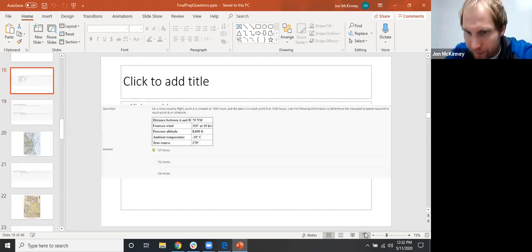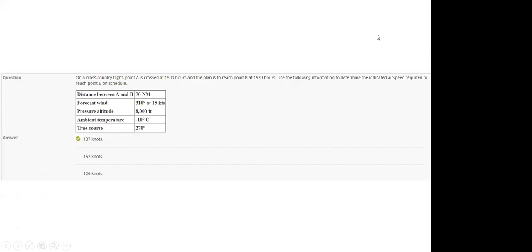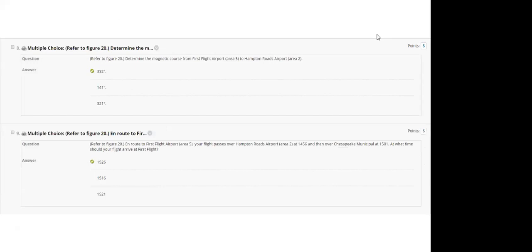So let me hit this button here. There's a few of them. Let's see. Sectional viewer. Here's one where you're on a cross-country flight and you cross. We covered this one the other day. Magnetic.